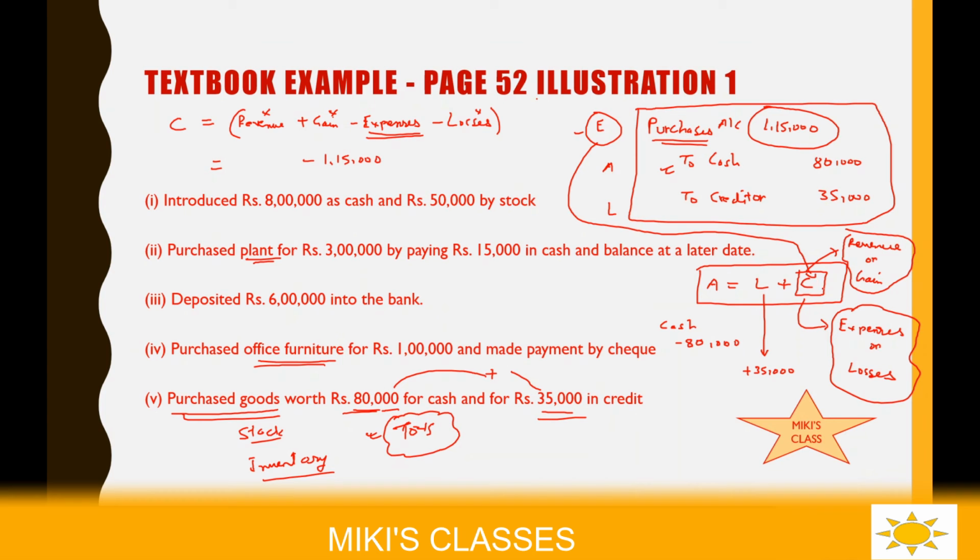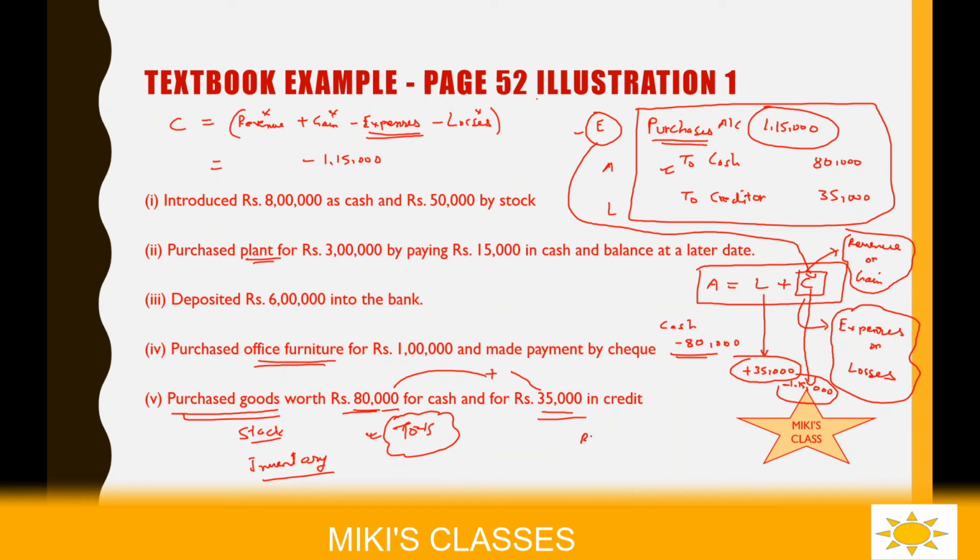1,15,000. So C will be, for this particular equation, extremely sorry, this is a very crowded slide, minus 1,15,000. Correct. So on the left hand side is minus 80,000. On the right hand side is plus 35,000 minus 1,15,000. So let us check.